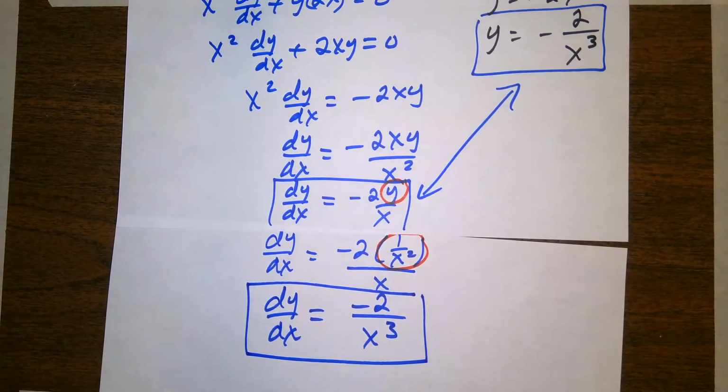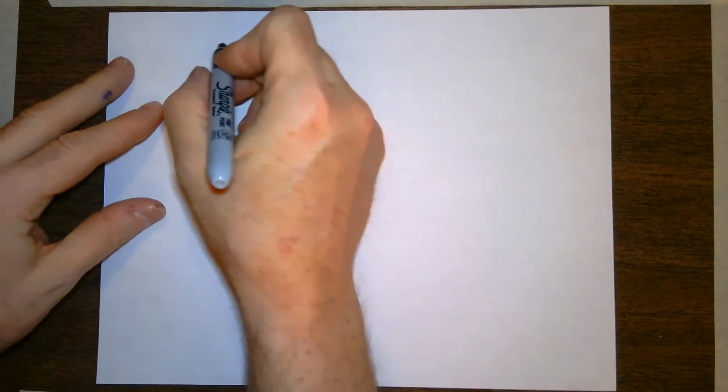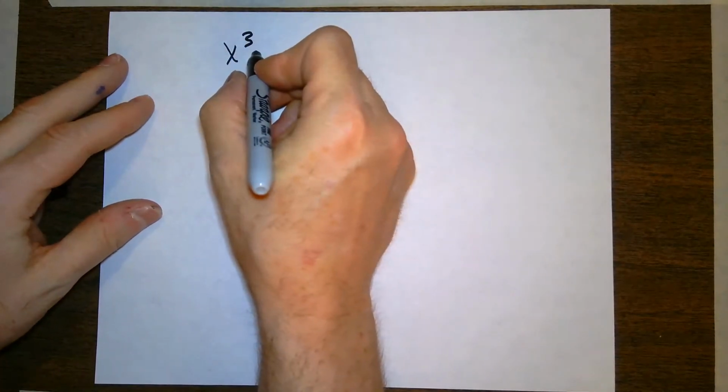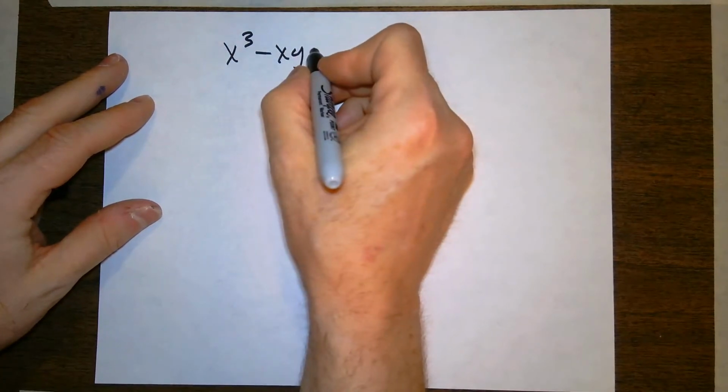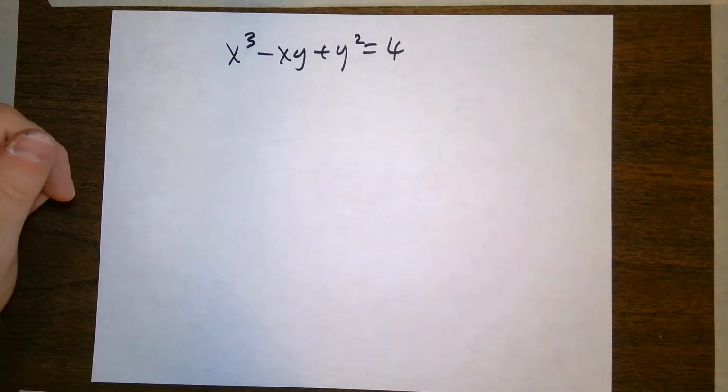All right, let's try one more to do implicitly. And as you try this one, try to stay ahead of me. Try to get this one done before I get it. x cubed minus xy plus y squared equals 4.